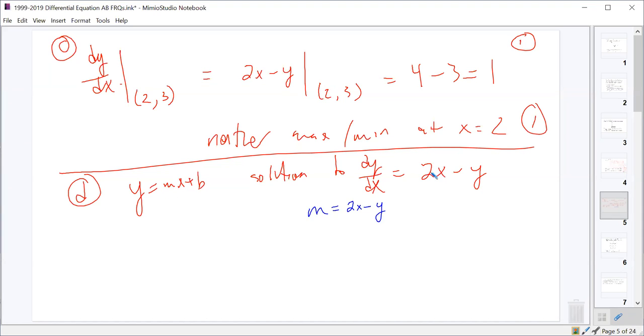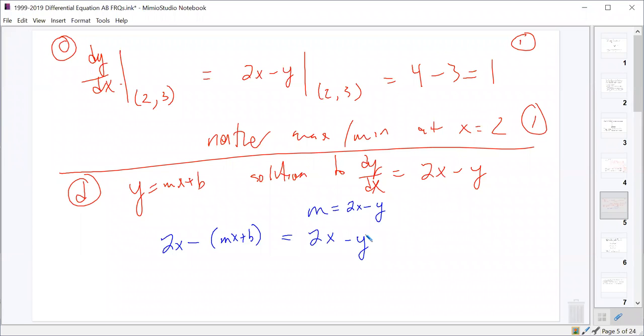So I could then go in and rewrite my derivative here as 2x minus my y value, which is mx plus b, is equal to dy/dx. Well, dy/dx is 2x minus y.